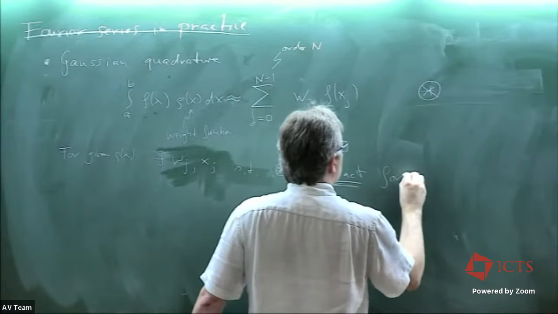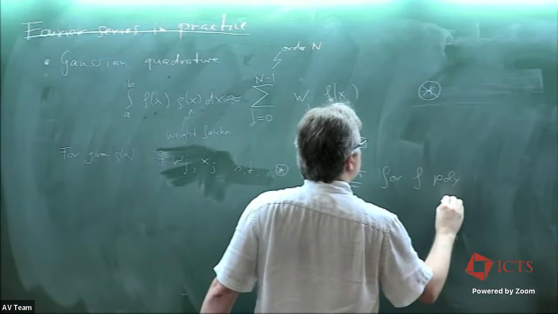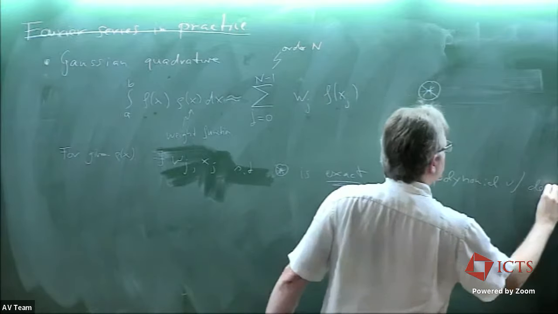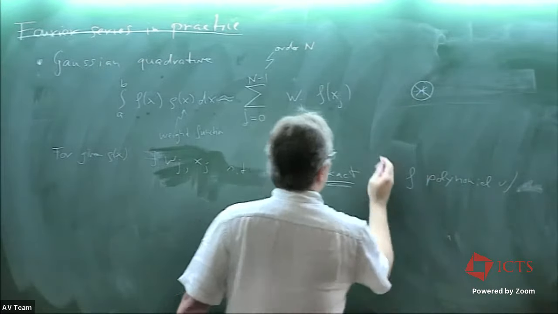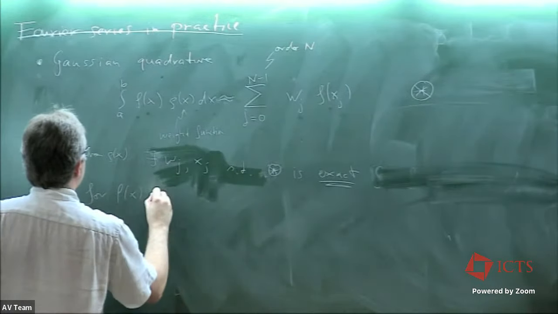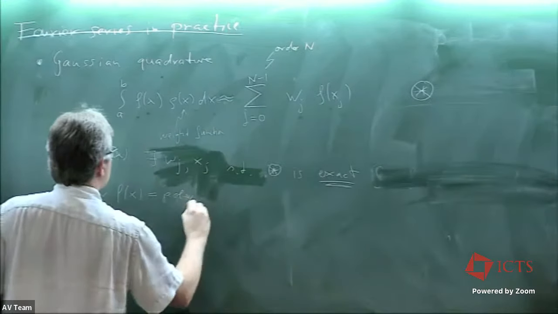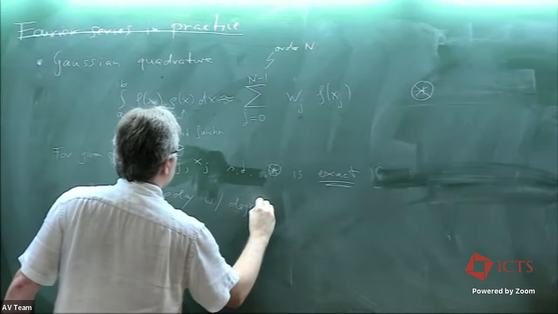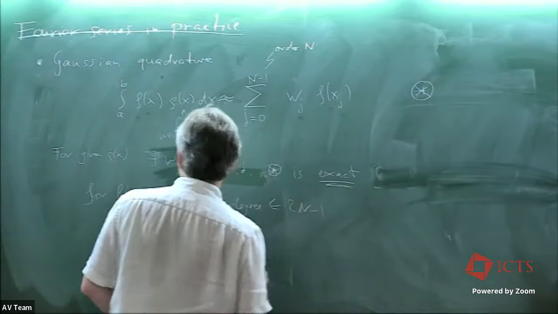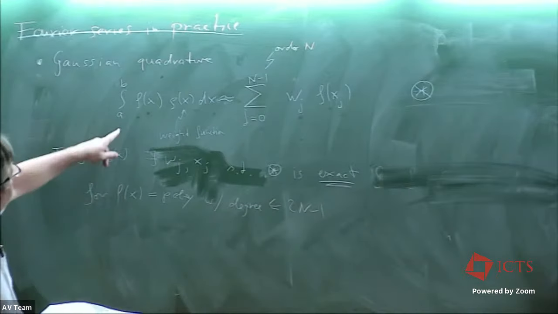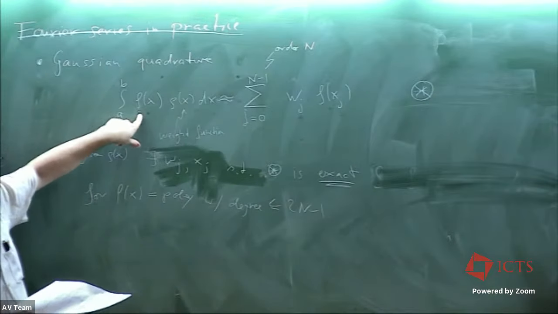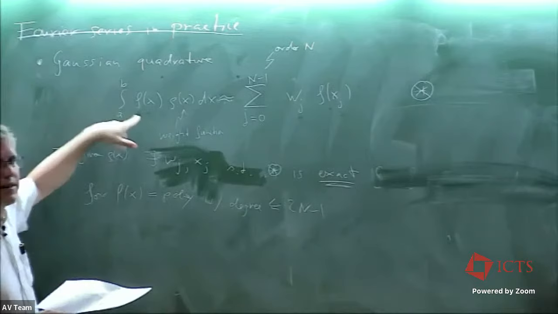for polynomials with degree less than or equal to 2n minus 1. So if you take, say, a 6th order quadrature, you can put in here a 11th degree polynomial, and this formula will work exactly.